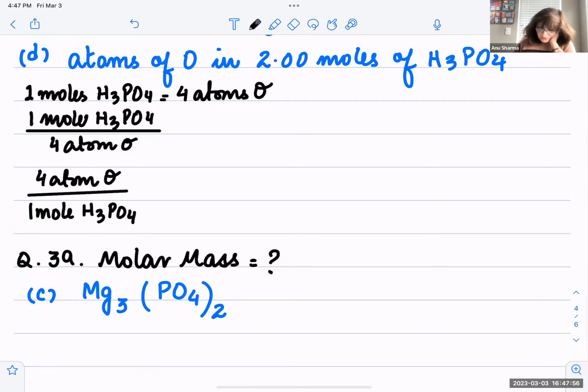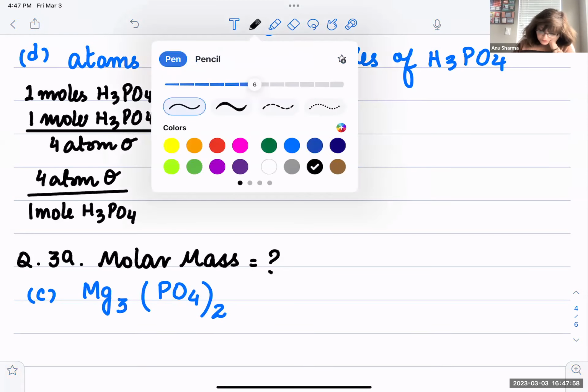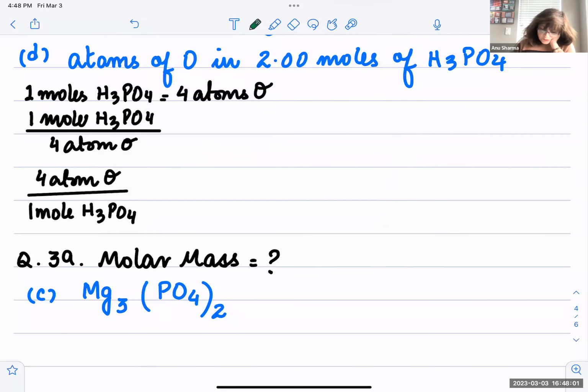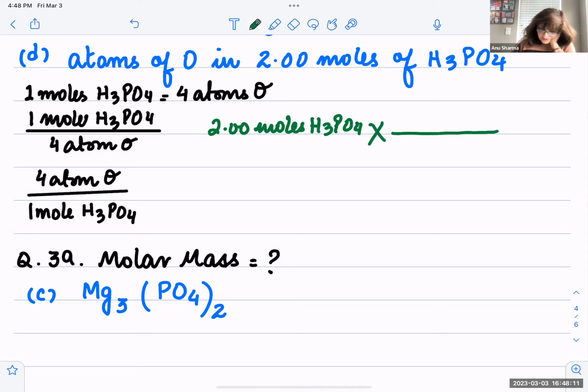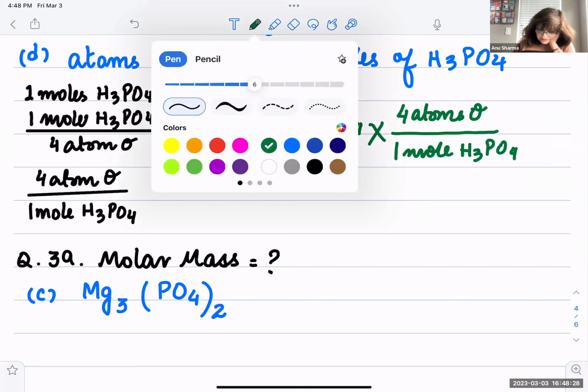All right, so write down what is given to you. You are given 2.00 moles of H3PO4. Because we need to find the atoms of oxygen in 2 moles, we know that 4 atoms of oxygen are present in 1 mole of H3PO4. So here you cancel out the moles of H3PO4.